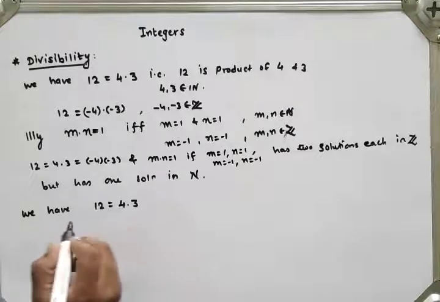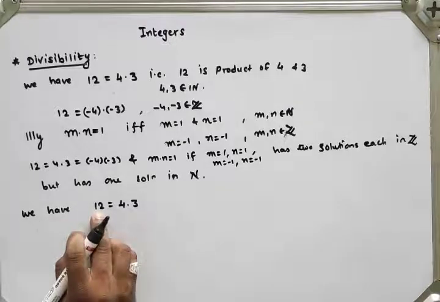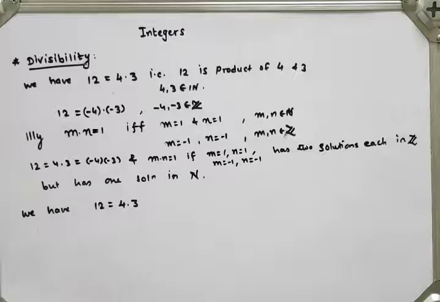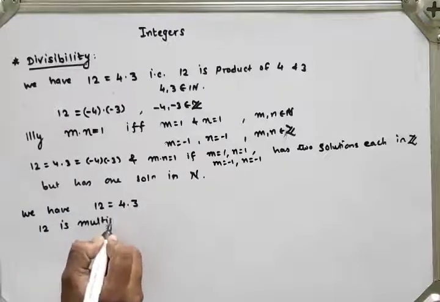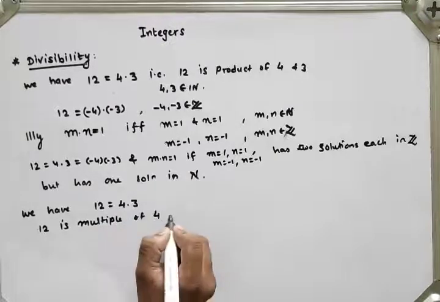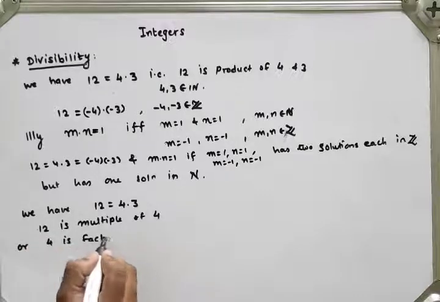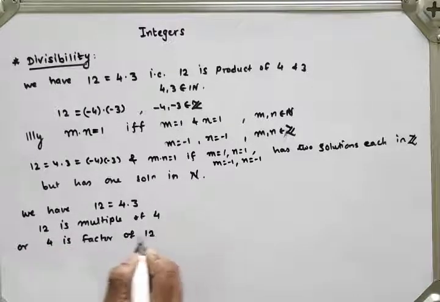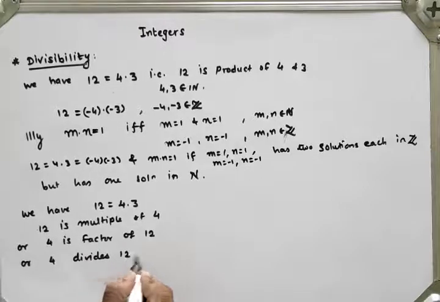We describe the fact that the product of 4 and 3 is equal to 12 in the following ways: 12 is a multiple of 4, or 4 is a factor of 12, or 4 divides 12, or 12 is divisible by 4.